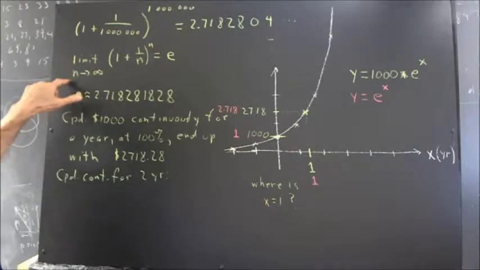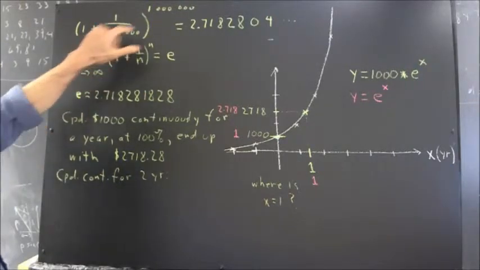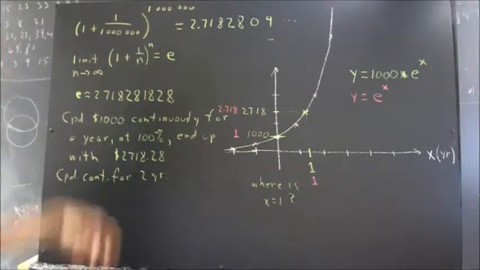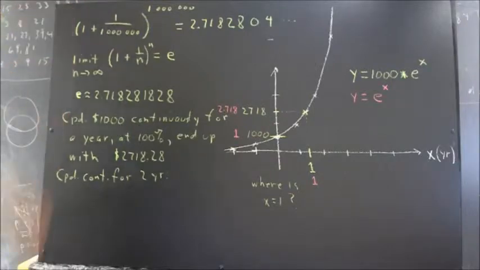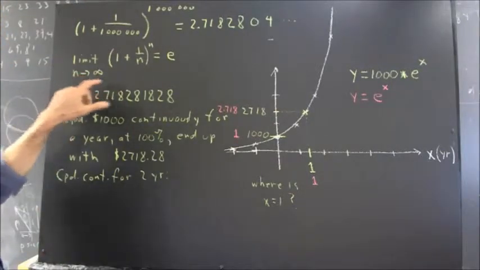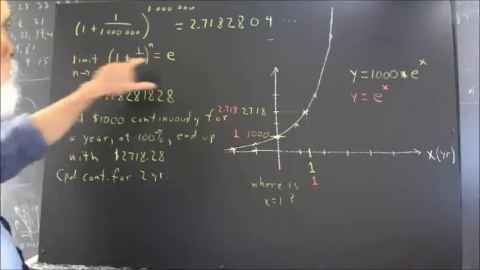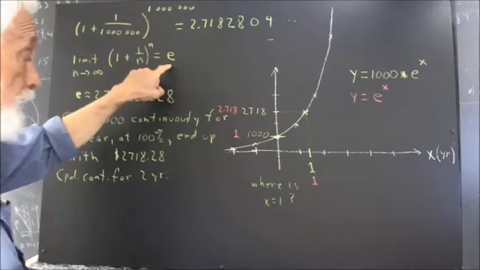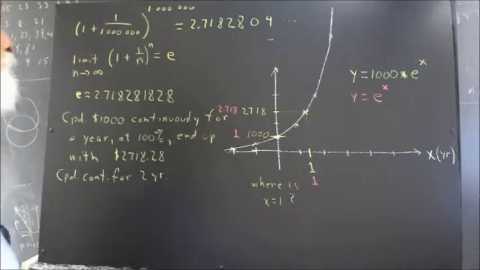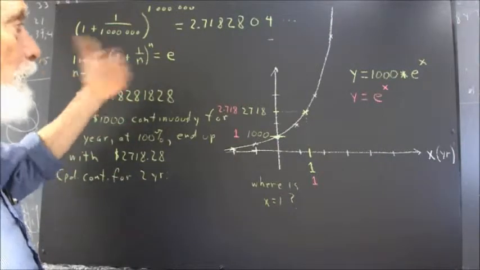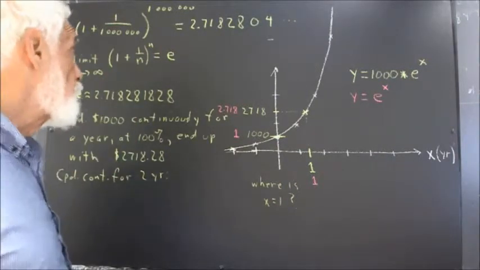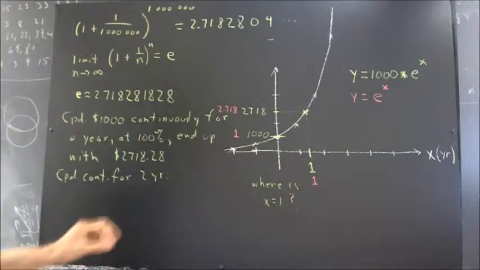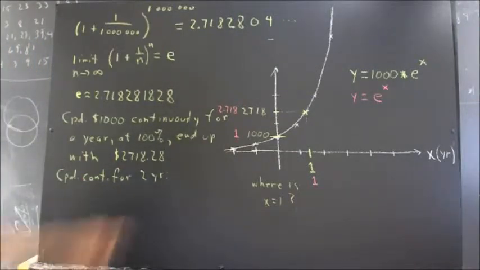Now, as n approaches infinity, as this number gets larger and larger and larger, and their numbers are way, way, way larger than 1,000,000, as n approaches infinity, this number approaches e. Okay? E is the base of the natural exponential function. Okay, our basic exponential function.